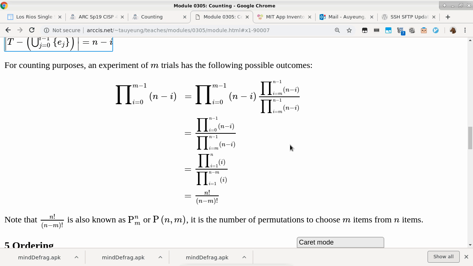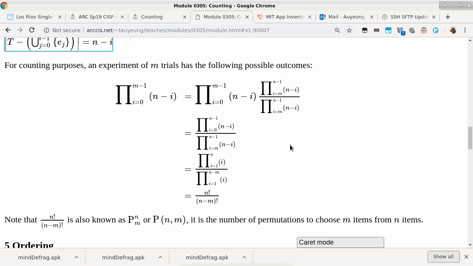Have we seen that before? Big pi, where the index I goes from 0 to m minus 1, where m is the number of trials in the experiment. Yeah, we talked about it about 5 minutes ago. And what was it about? Why is that important? For omega, it's the cardinality. It's for calculating the total number of outcomes in omega.